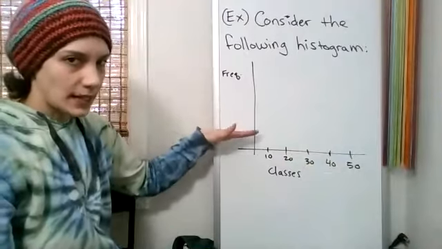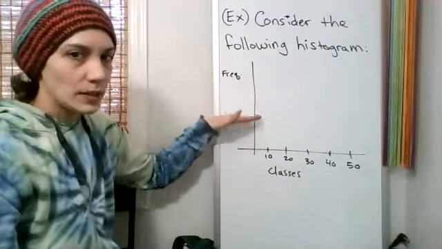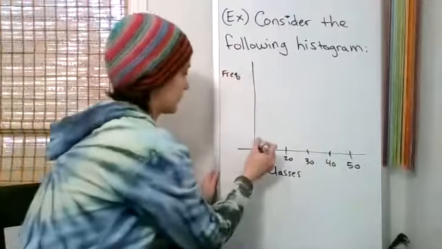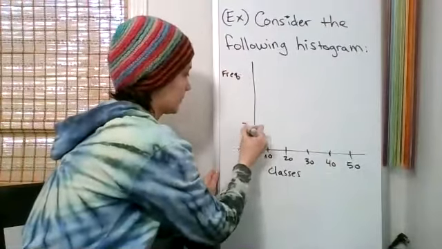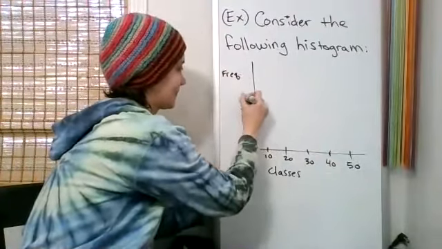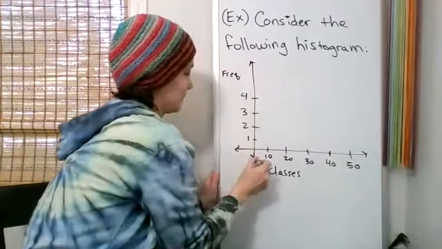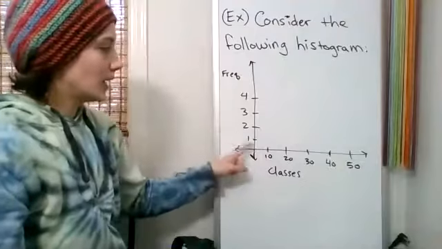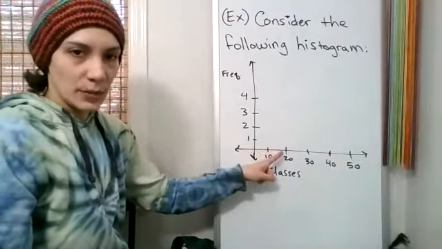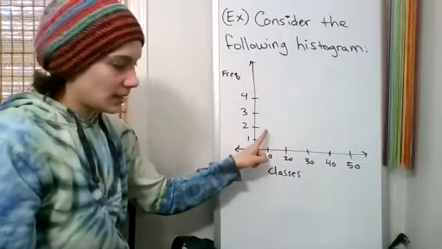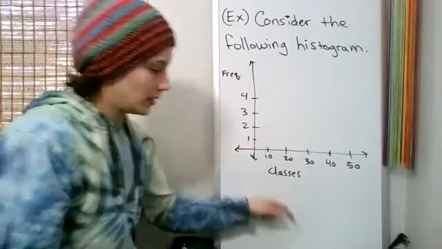We'll just mark this side like 1, 2, 3, 4. And the first class between 10 and 20 has a height of 4.